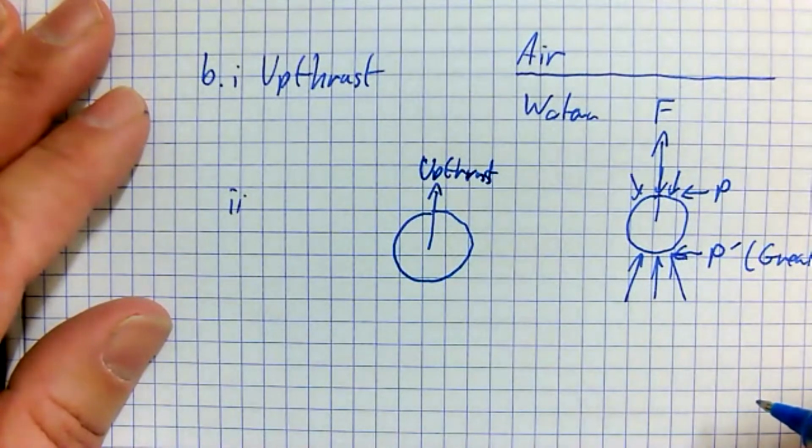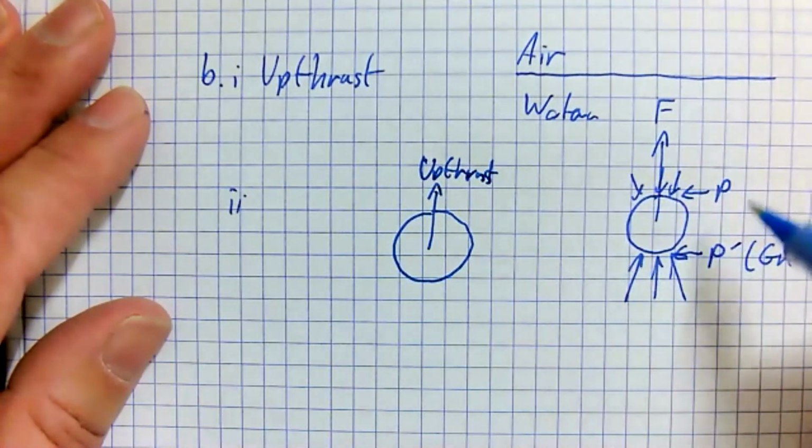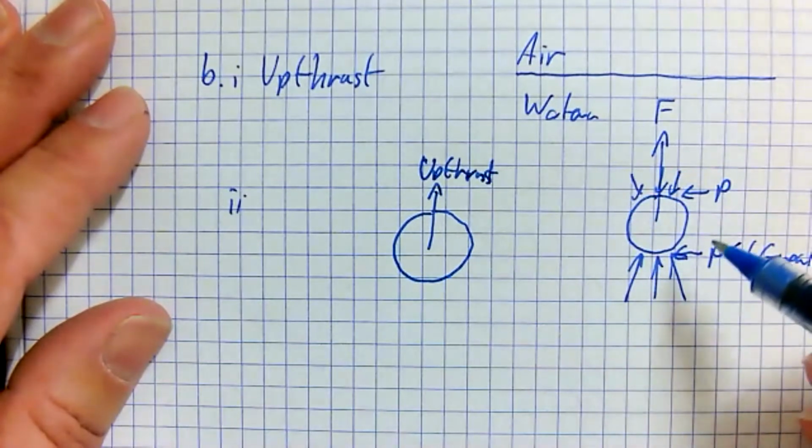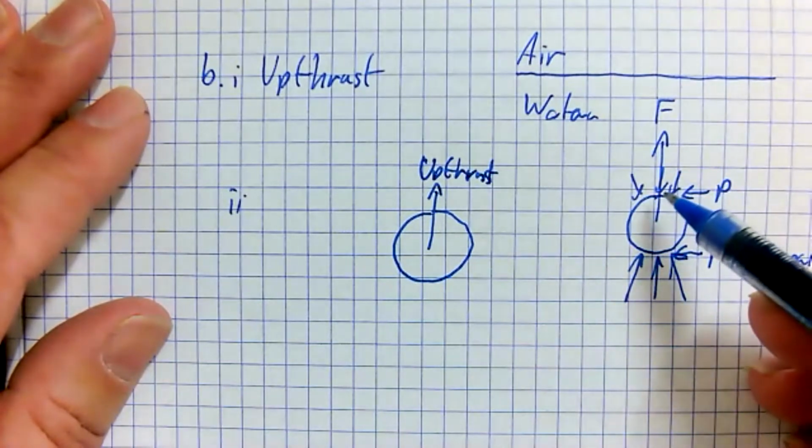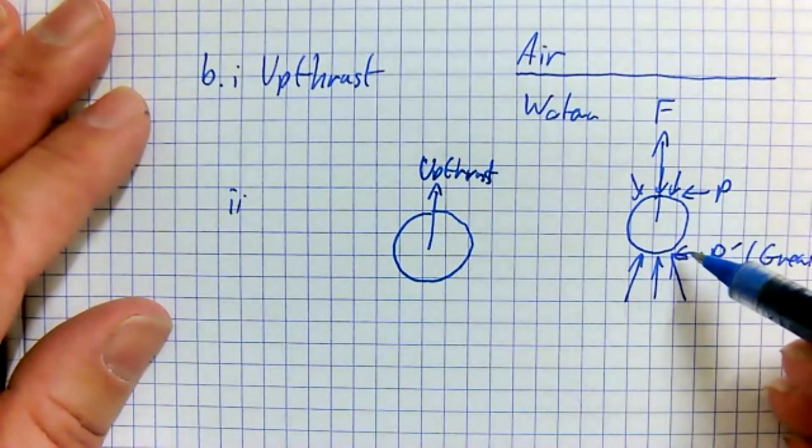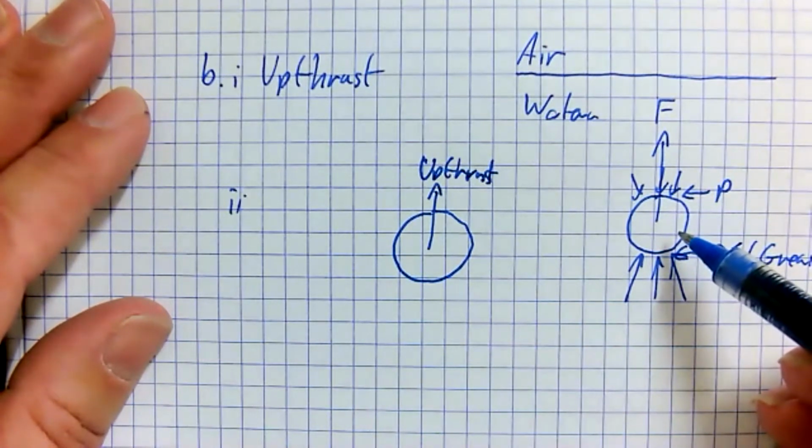Does that make sense? Okay, so that's the basic idea as to exactly why an air bubble rises to the surface, because there's more pressure at the bottom than there is at the top. It's also the fact that the air bubble is less dense than the water.